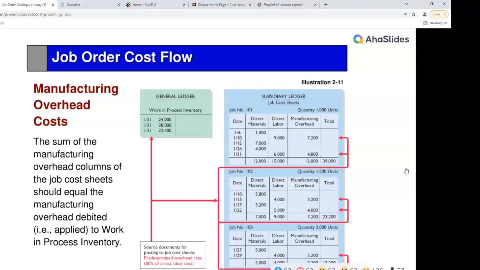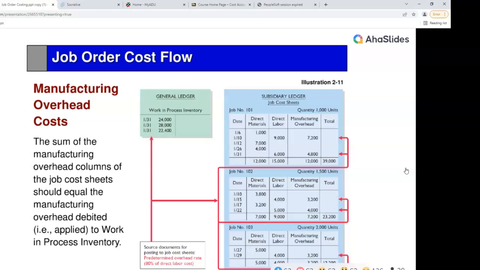And now I know the cost and I credit work in process for the ones that are finished, and I debit finished goods. Bring it up, and I know the cost of them. So now I've got my three cost elements assigned to the product I'm producing.